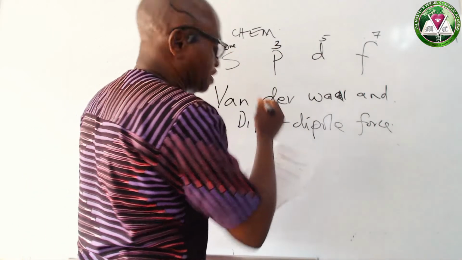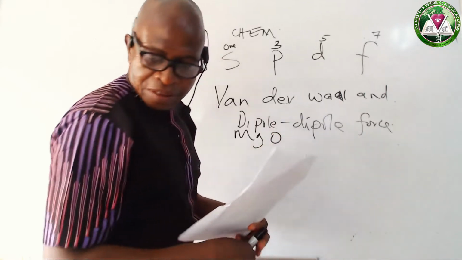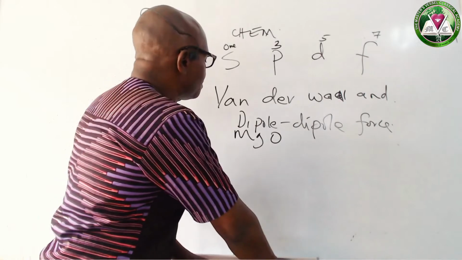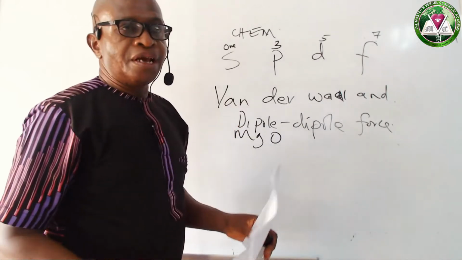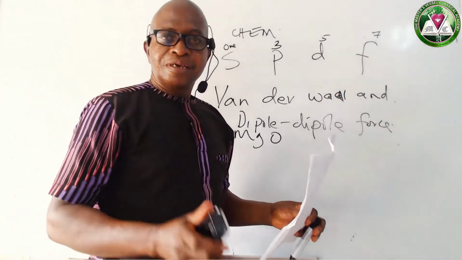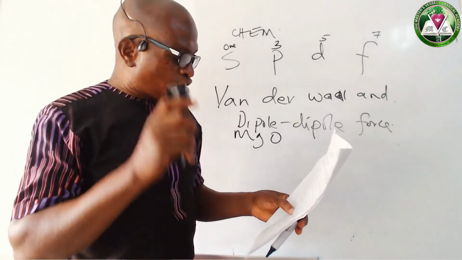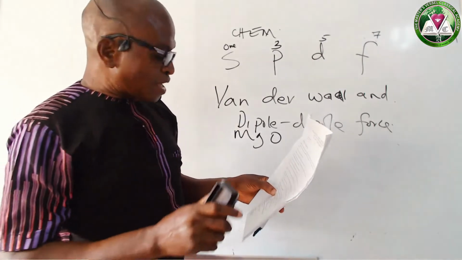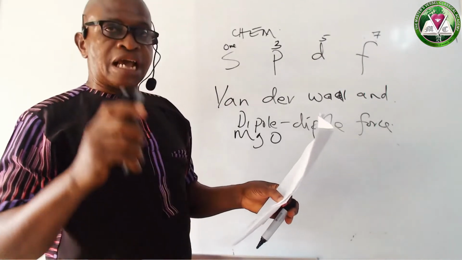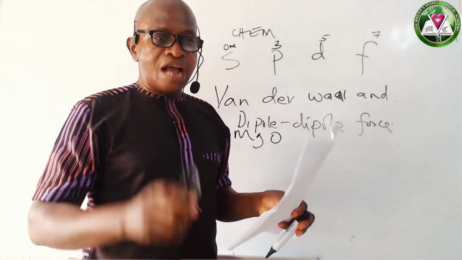The formula of magnesium oxide is MgO, and this magnesium oxide is an ionic compound. You know some of the properties of ionic compounds. One of the properties of ionic compounds is that they have high melting point and high boiling point.